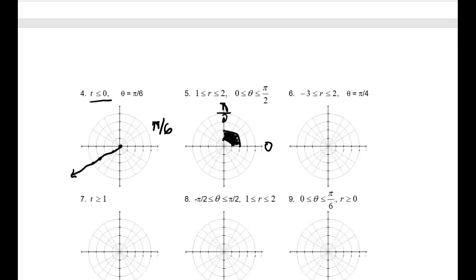6, if we're looking at angle pi over 4 here, we want every radius up until 2, so that would be 2, 1, 1.5, so that would look like this.